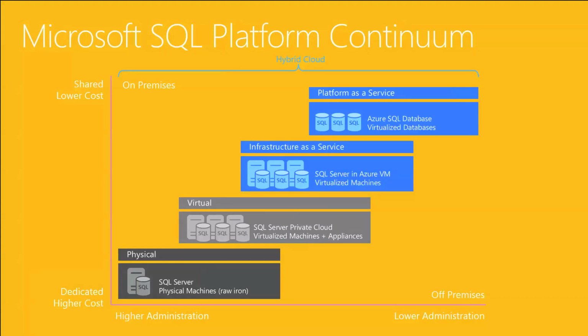Okay. Now, if we talk about SQL Server and SQL related things, we can see that there's been a growth and an evolution in the entire platform. Basically, we're going to focus in this talk on two things: infrastructure as a service, where we talk about SQL Server deployed in Azure or next to Azure, and platform as a service, meaning Azure SQL databases running as a SQL database server in Azure itself.